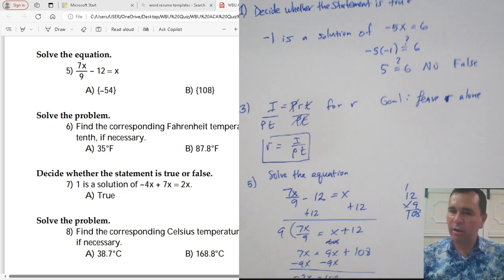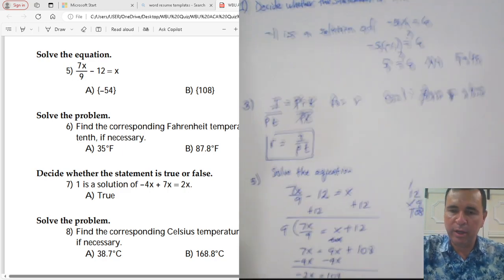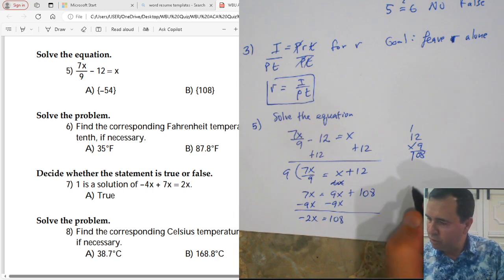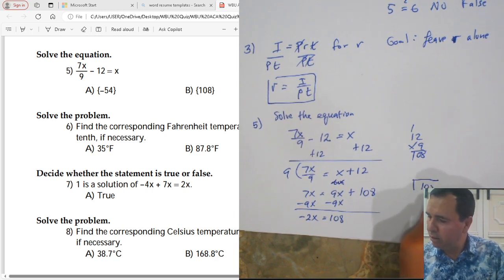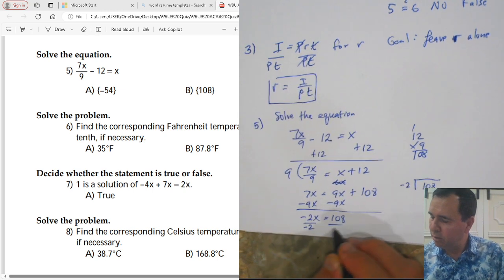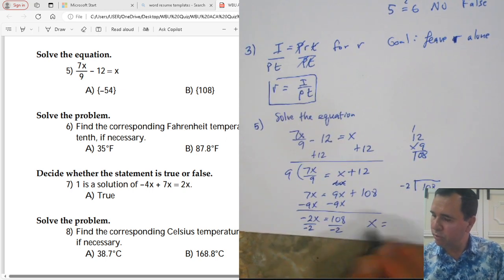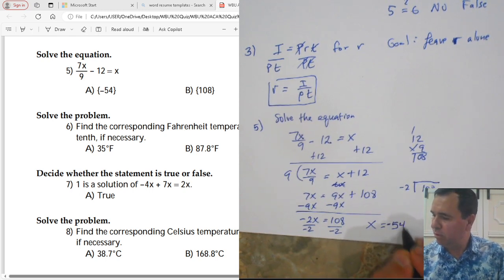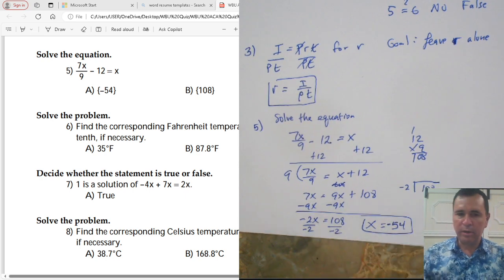So basically all you got to do now is go ahead and divide both sides by -2. So you take your 108 and divide by -2, right? So x is going to equal -54.